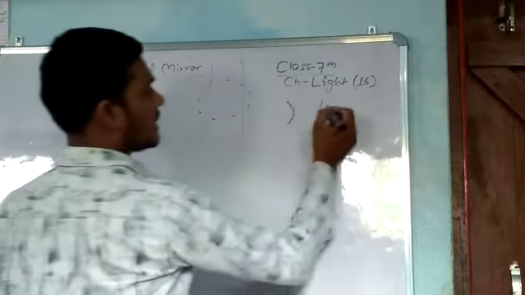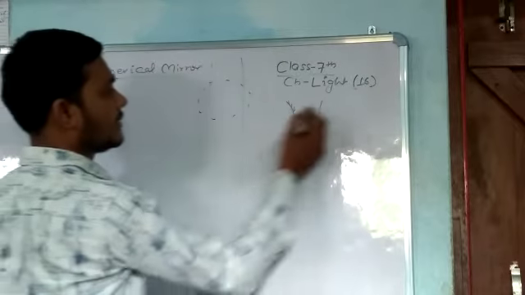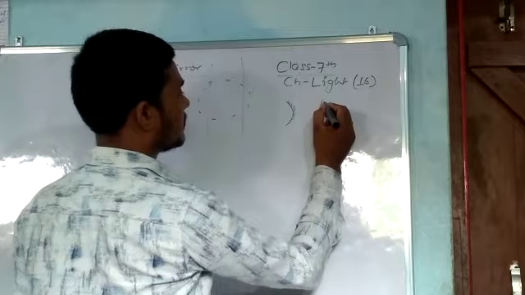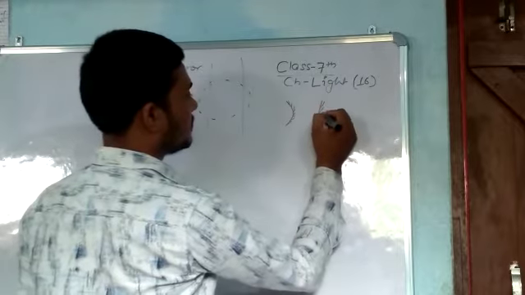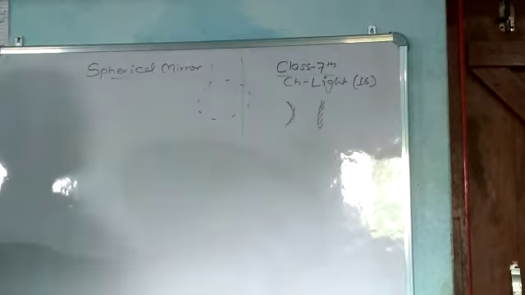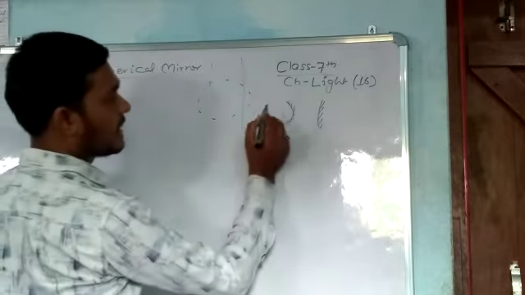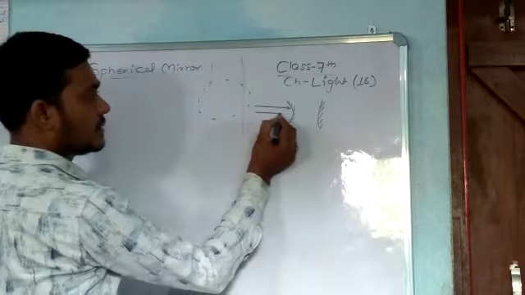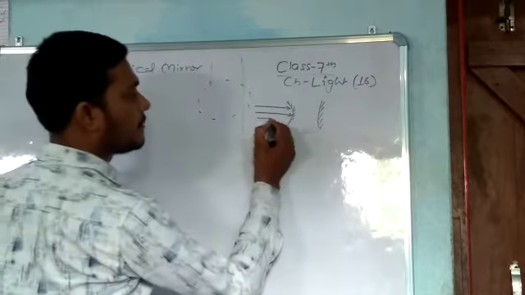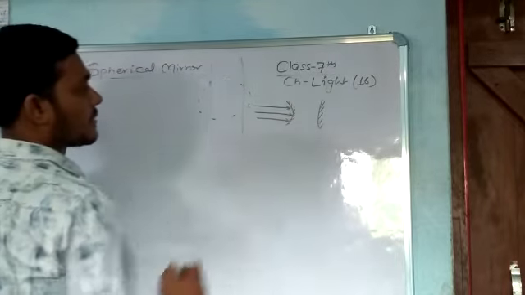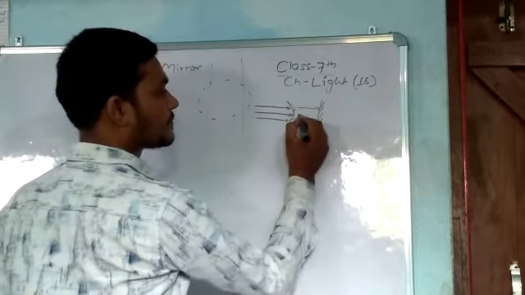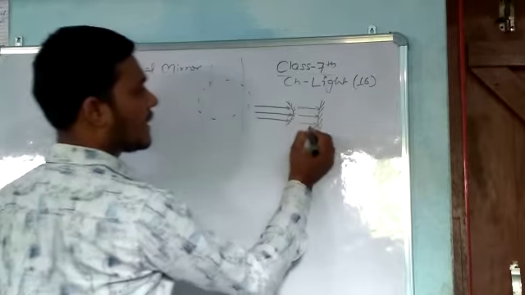And if you cut it this way, the coating is here. So the reflecting part: light comes to the inner part of the spherical mirror in this case, and in this case light comes to the outer part of the mirror.